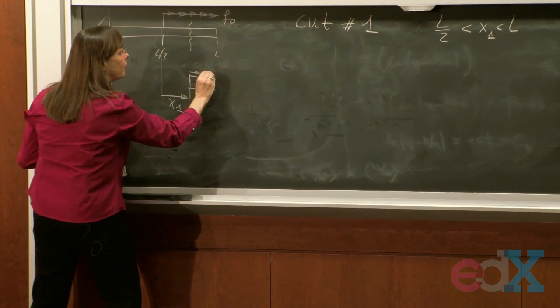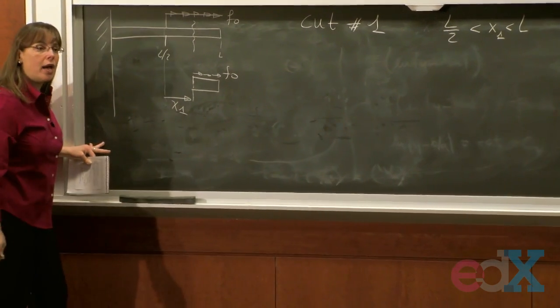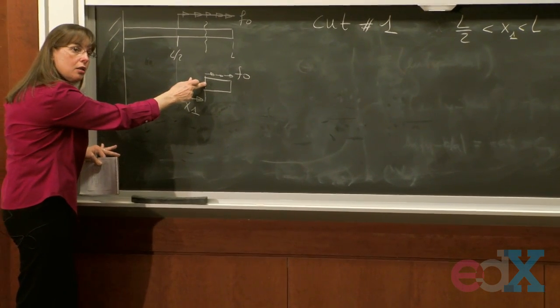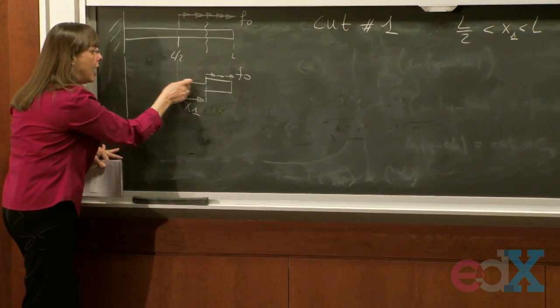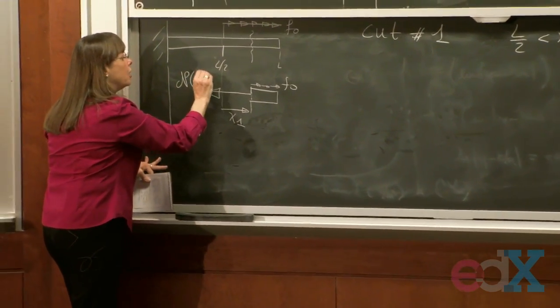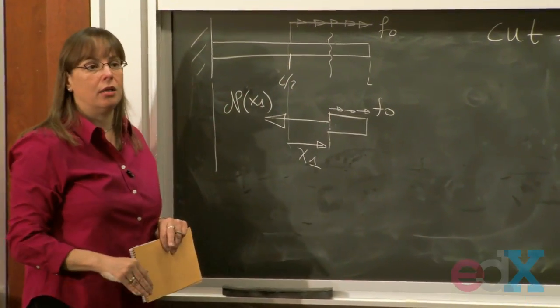I see that I have a bar with an F0 on top. And where I've cut, what do I expose there? Who is coming out of this guy? N. And which N? N of x1. Because this is the axial force that is inside the bar at this x1.